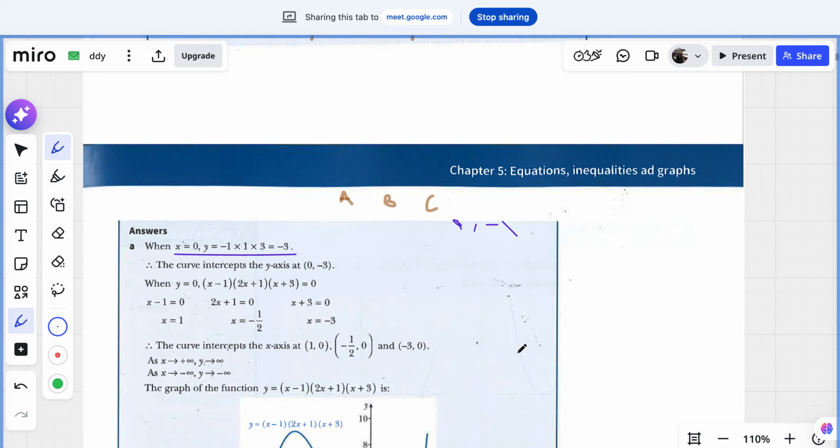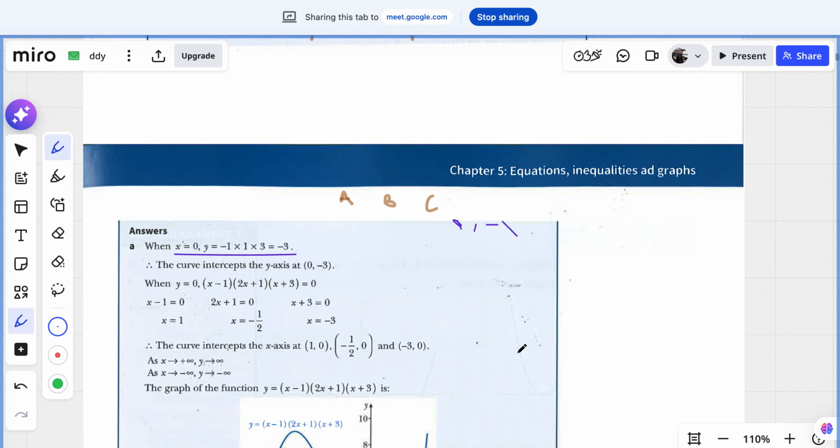So we solve each of them, so that we get these 3 values for x.